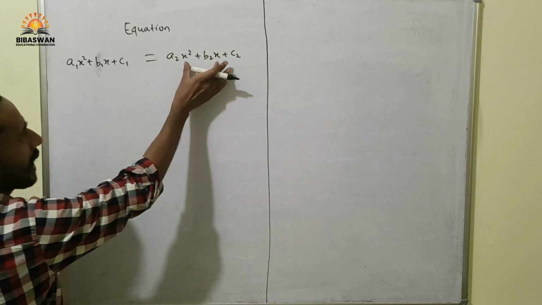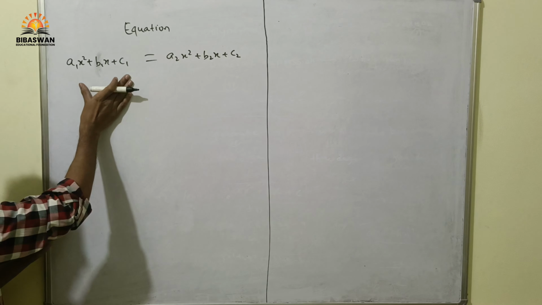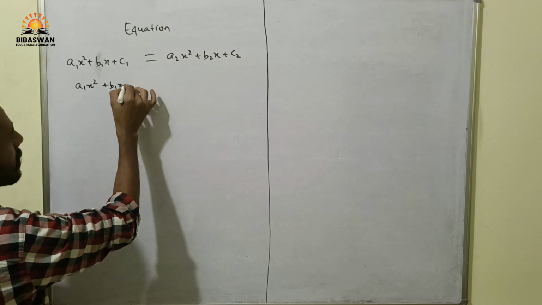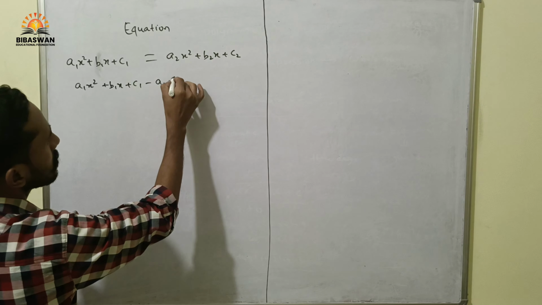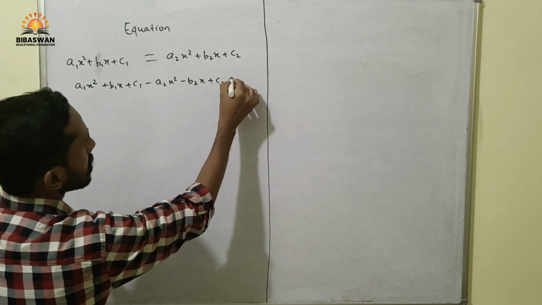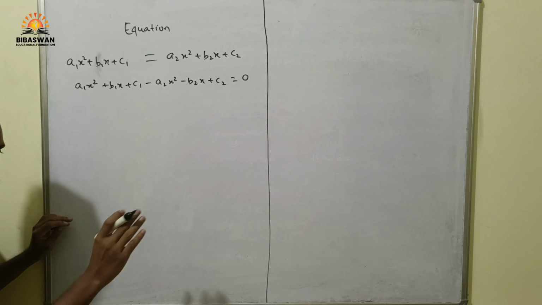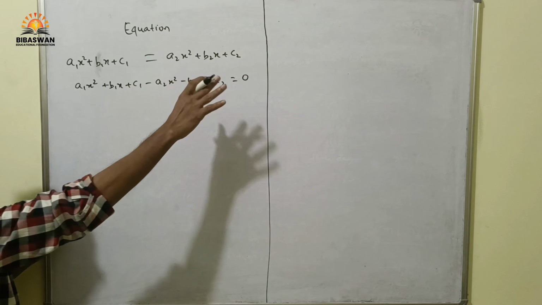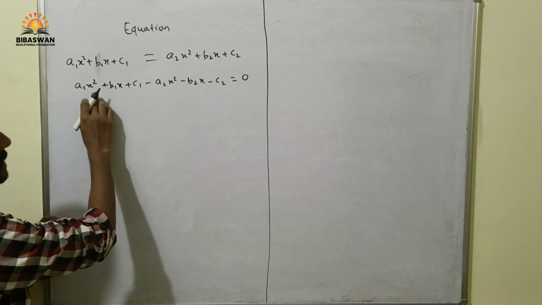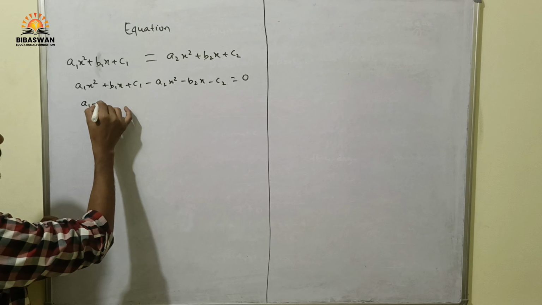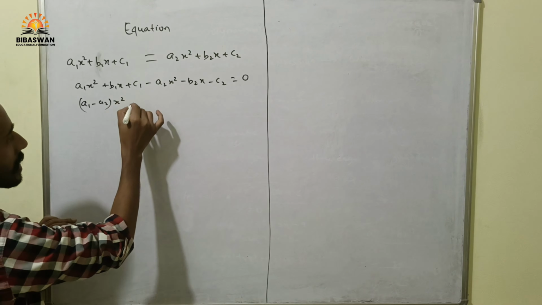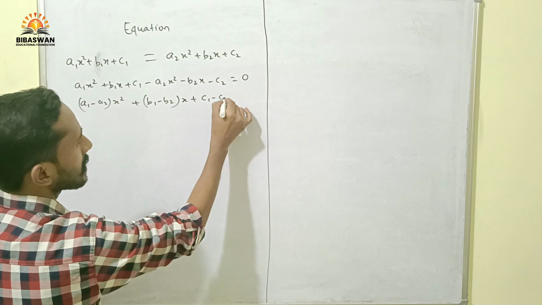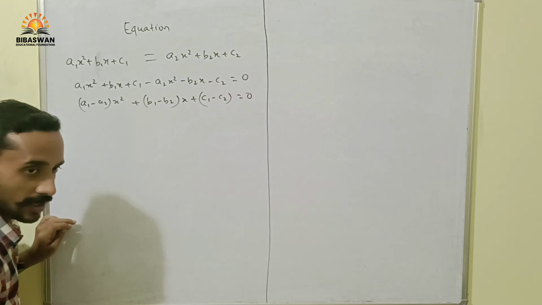Understood? Can we write everything in one side, in LHS? Then that becomes a1x square plus b1x plus c1 minus a2x square minus b2x minus c2 is equal to 0. Now a1 minus a2 times x square, b1 minus b2 times x, and c1 minus c2 is equal to 0.